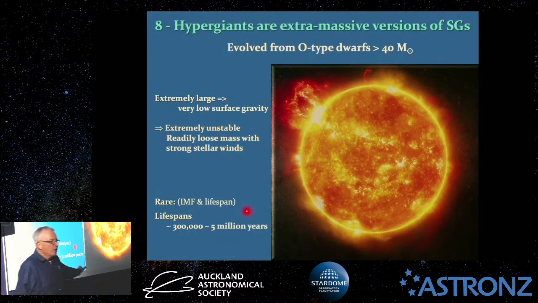It stands for initial mass function. In other words, we talked about that pie diagram, how nature has a bias for more smaller stars. So large stars are rare and have very short lifespans. That makes these big hypergiants really, really rare. Lifespans usually in the hundreds of thousands of years up to a few million years. Very, very short lifespans.